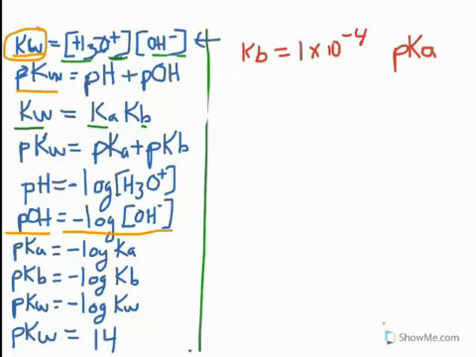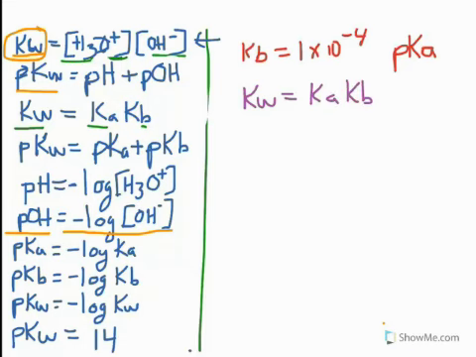Again, there are multiple ways of doing this. You have to pick out the paths that you want to use. I'll use this equation to get me Ka, and then I'll use that Ka to solve for pKa. Let me erase some of those so I don't mess up my equations. Kw is equal to Ka times Kb.